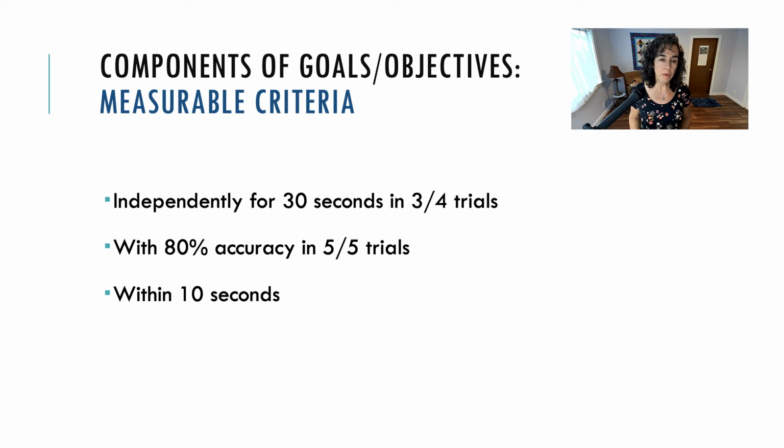For example, if we wanted somebody to independently do something for 30 seconds in 3 or 4 trials, that could be appropriate to a hand washing goal. We want them to put soap on their hands and rub their hands together for 30 seconds, 3 or 4 times, right? So that would make sense that it's a longevity. You don't want to wash your hands for a half a second.